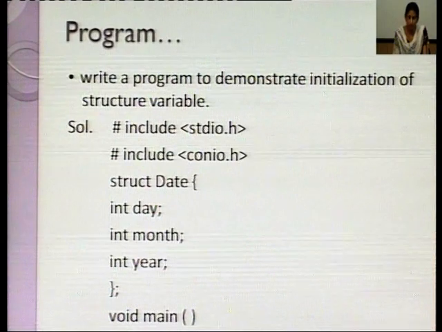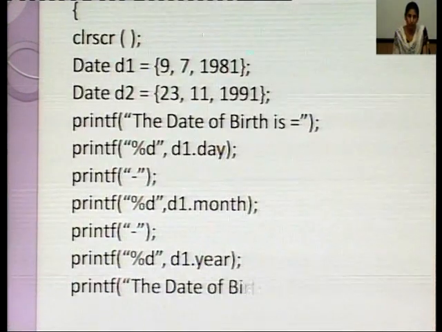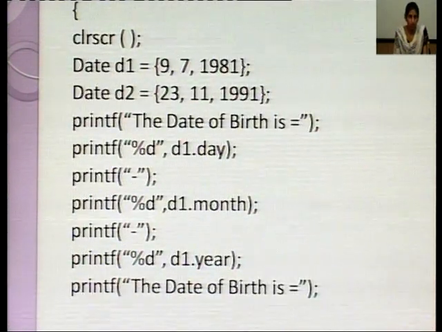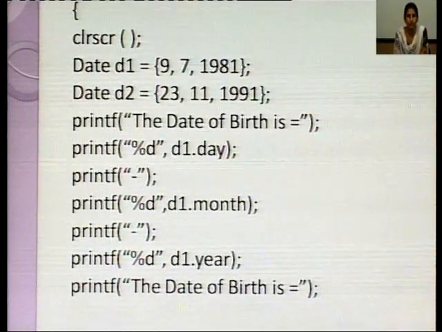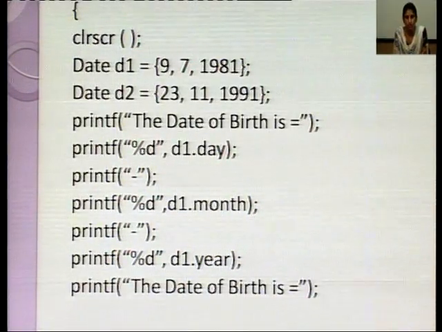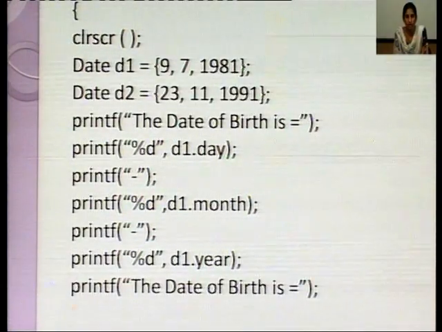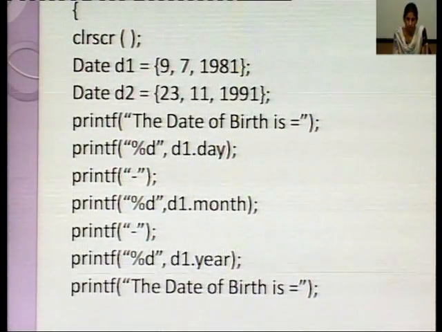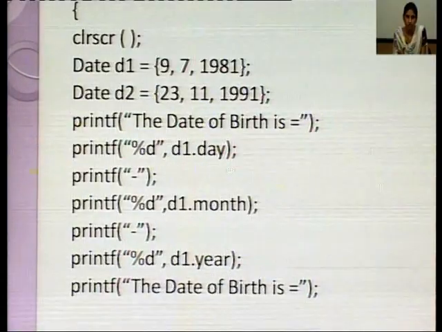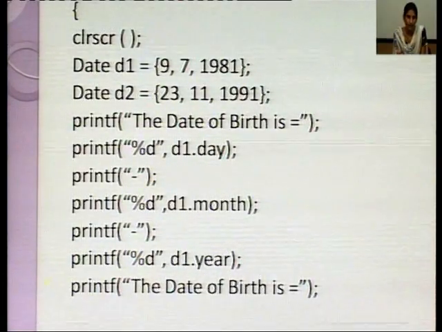Then we will start with the main function. First we will declare variable d1 of structure type date, and then we will initialize it in the third line of this program. Date d1 is equal to curly braces start 9, 7, 1981.